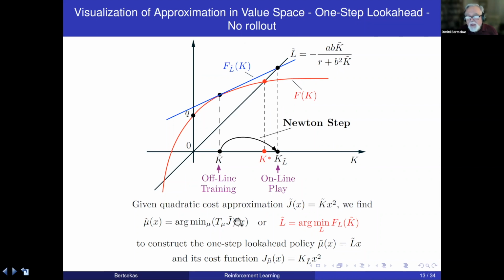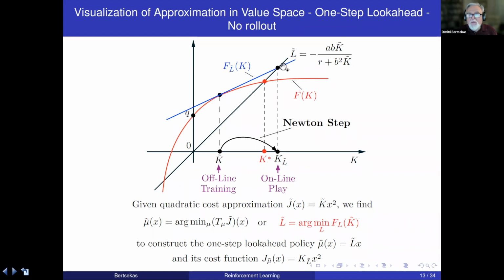Now, for linear quadratic problems, this is just the tangent Riccati operator at K tilde. It is this F tilde given by this formula that attains the minimum here, and it is this tangent blue line. And what is the cost function associated with this L tilde policy?